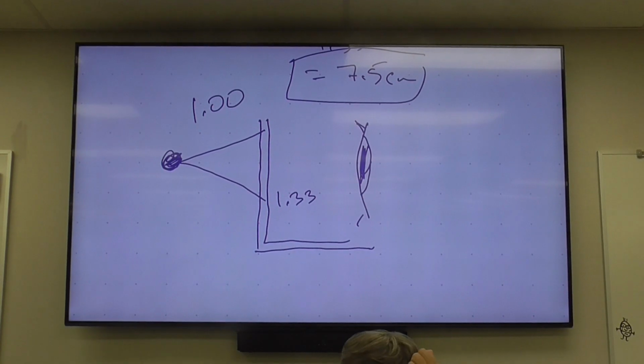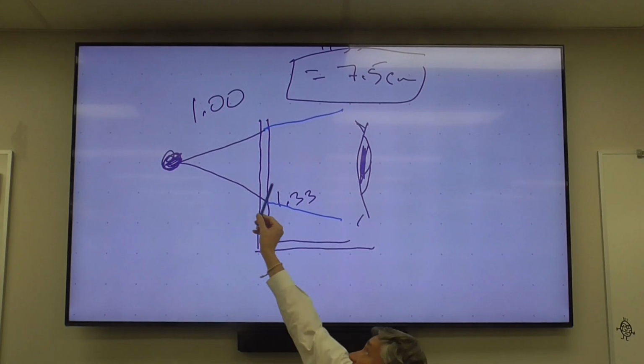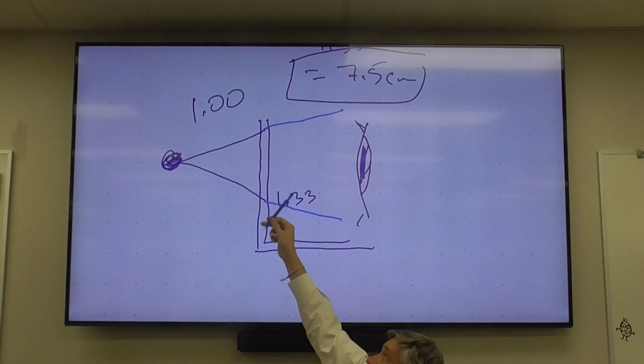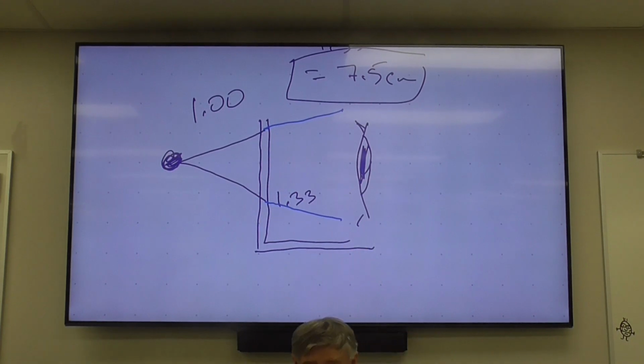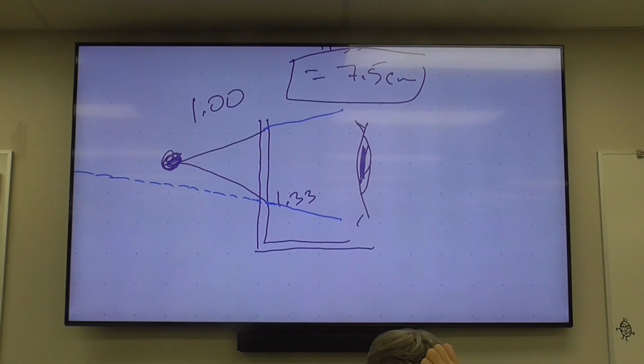So this light, when it goes through here, is going to get bent closer to the center because it's going to hit this and slow down. This side's going to slow down, the top's going to slow down first. It's going to hit this, boom, get bent. Now, with this one, you'll notice that the light, what you're going to see, is going to work the opposite way.